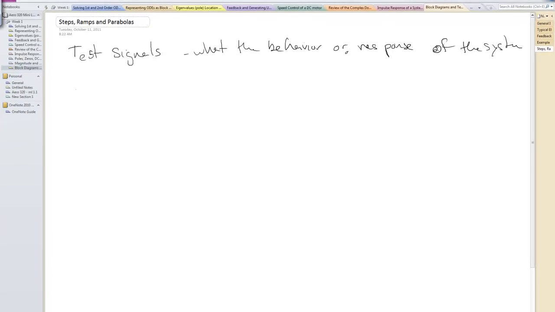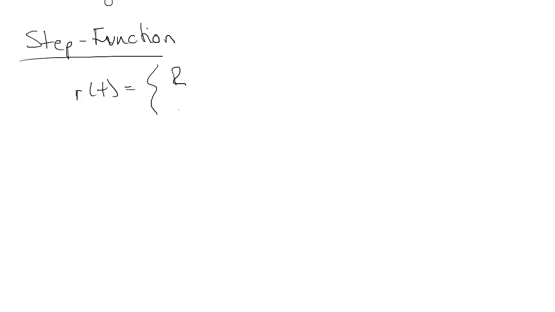So the test signal that we've been looking at so far is the step function. And recall that it's defined by saying some r of t is equal to r for t greater than or equal to t naught, and 0 for t less than t naught.